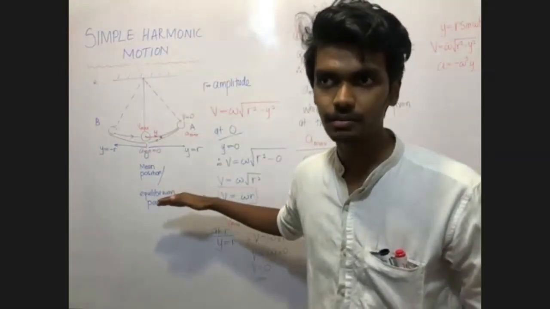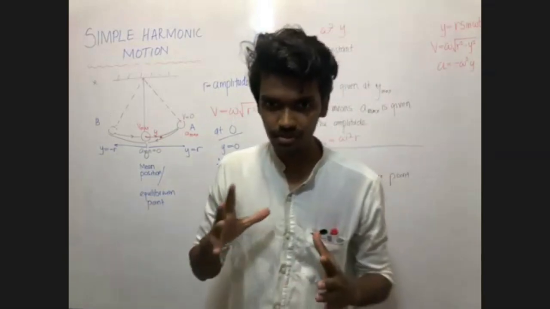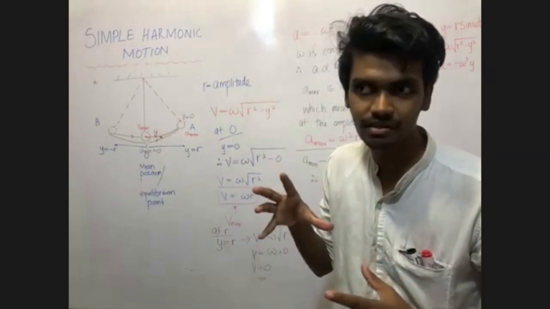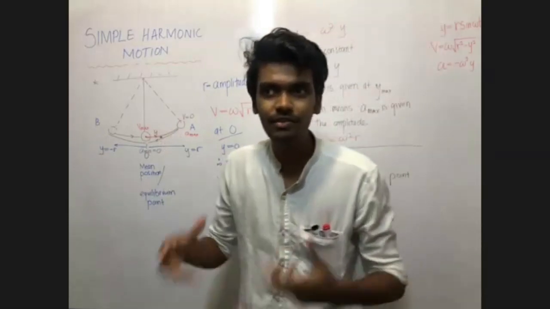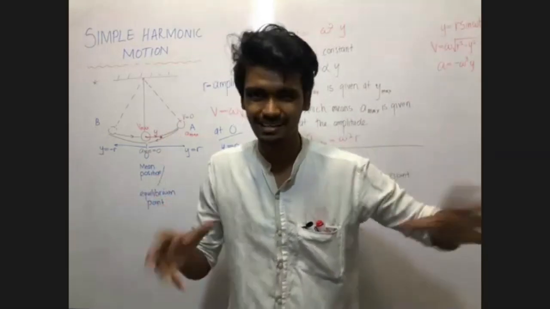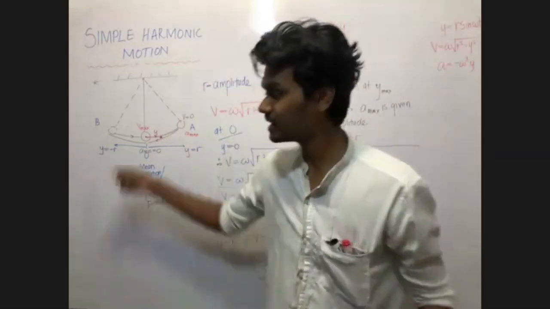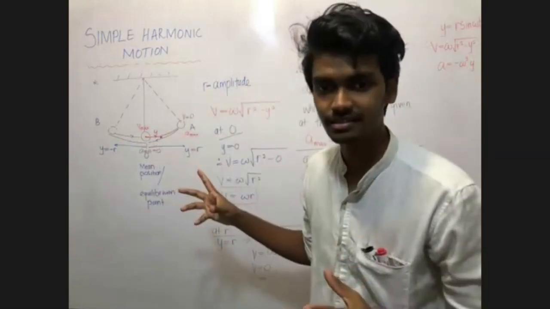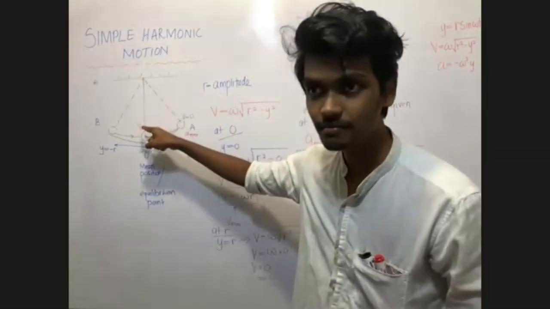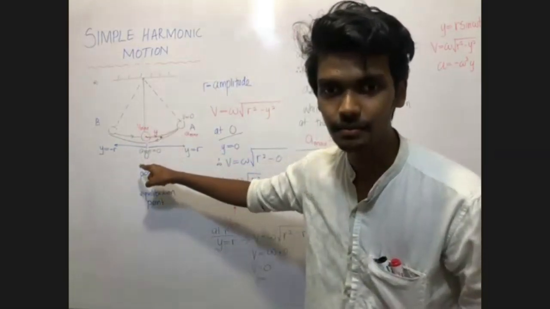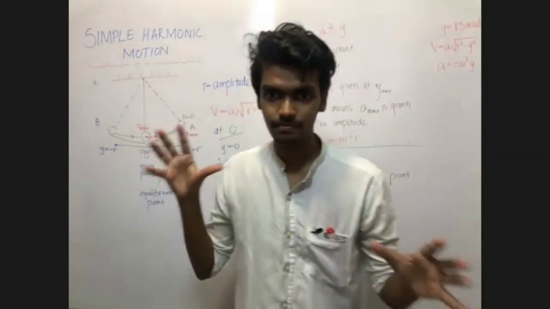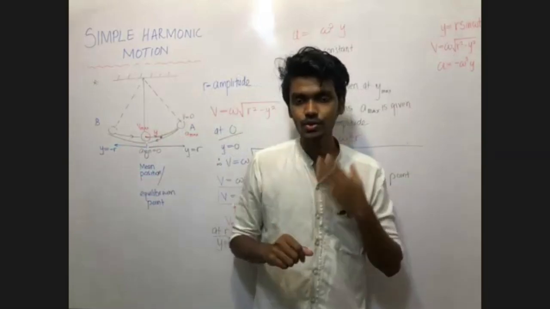This is the beauty of simple harmonic motion. Usually in other motions, whenever the acceleration is maximum, velocity is maximum. But here it's completely opposite. Velocity is maximum when acceleration is minimum, and acceleration is maximum when velocity is minimum.